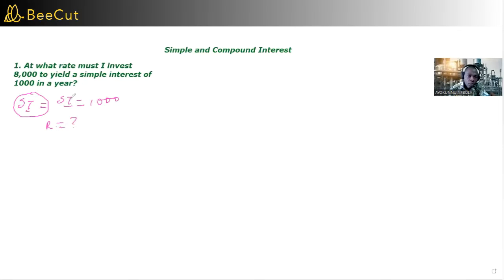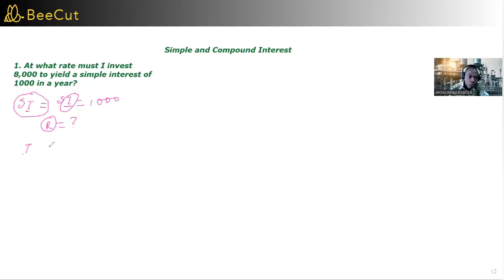Can you tell me the formula connecting the simple interest I and the rate R? Yes, what is the formula? You don't know, right? Okay, so we used it the other time.